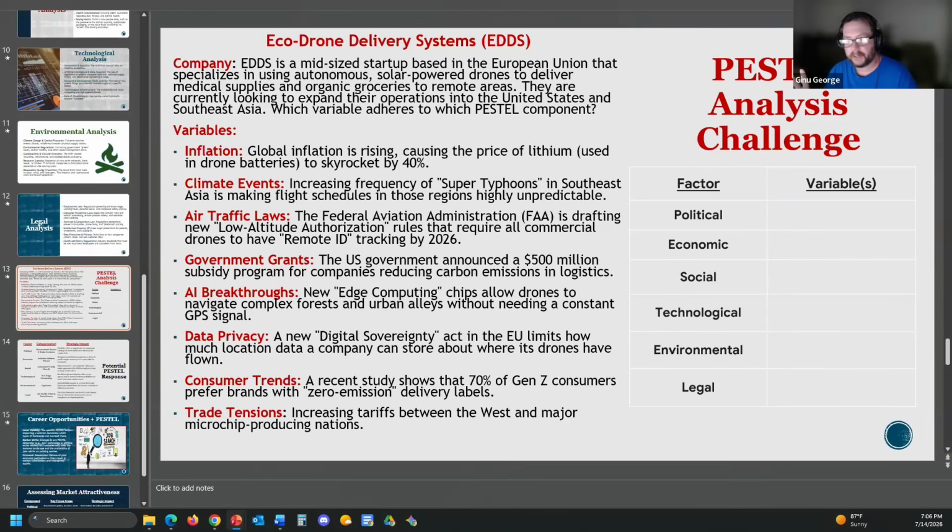In a real class, I would say partner up with a neighbor and take a couple minutes to try and classify them. But if you could, in your heads, figure out: does inflation go in the political? Does inflation go in the legal? Does it go in the environmental? Just see where you think these should go.